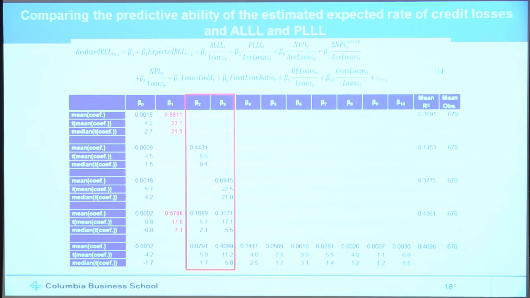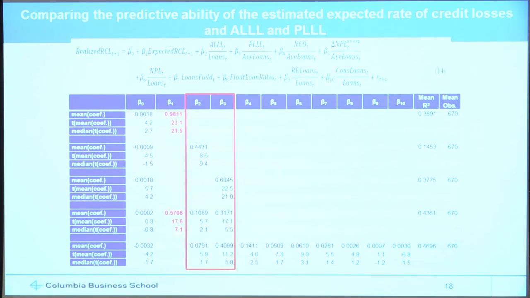The provision does much better, but when you include our measure as well as the allowance and the provision, this measure still does statistically better, and it's incremental to the other measures as well. So it's comfort again that this is something that could actually be quite useful.